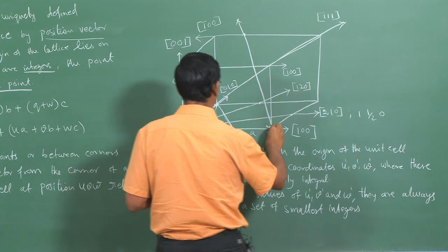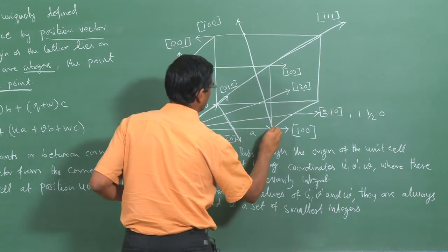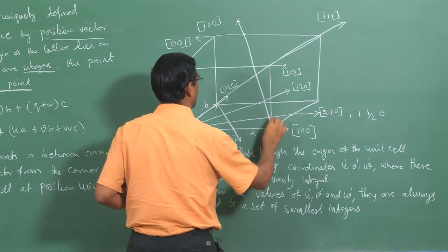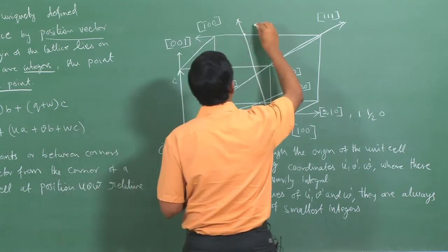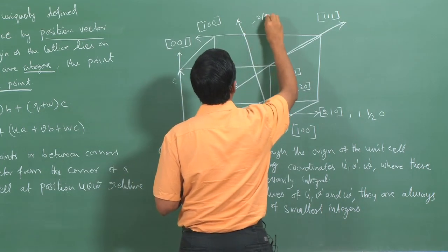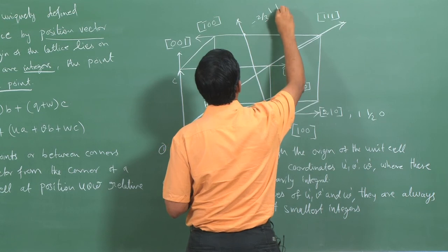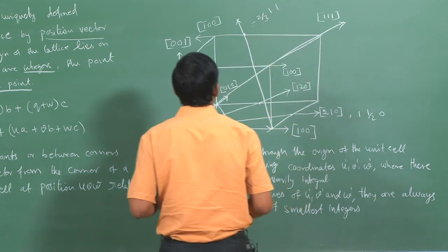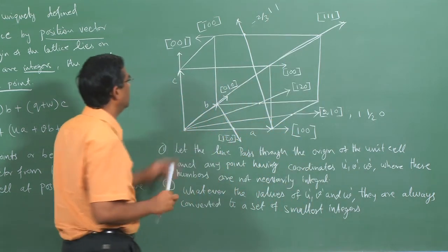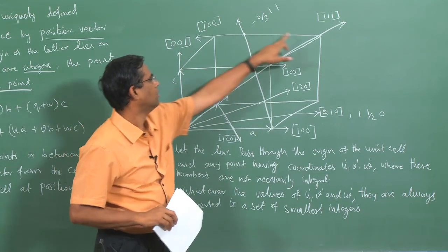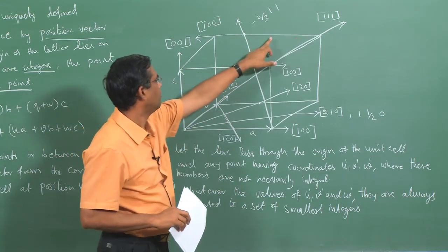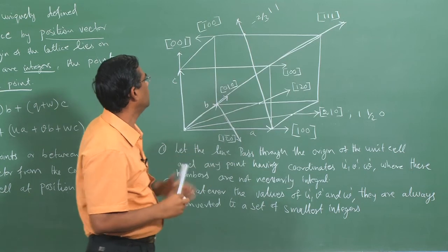And similarly, you have the origin shifted here for this direction. So write the coordinates 2 by 3, 1, 1. Basically the point is not at a half length, but somewhere at 2 by 3.